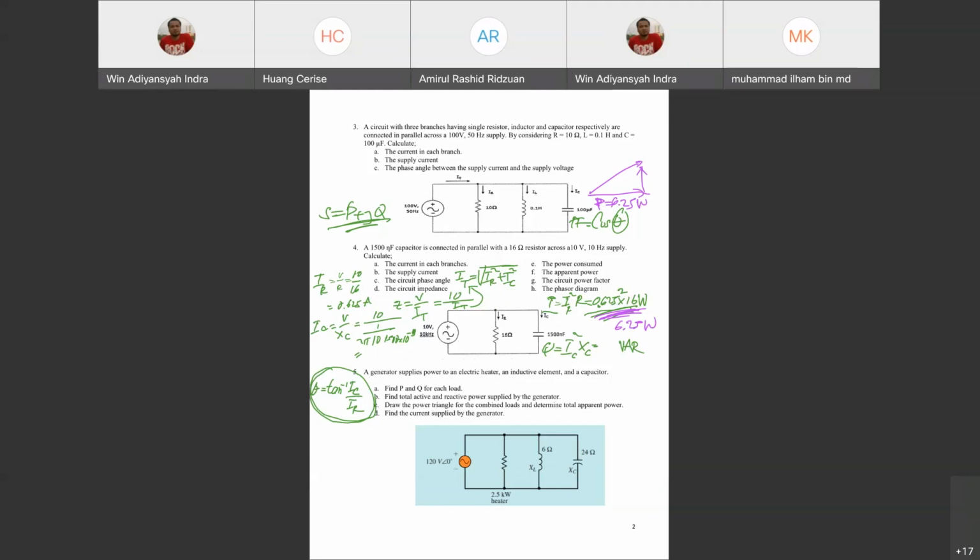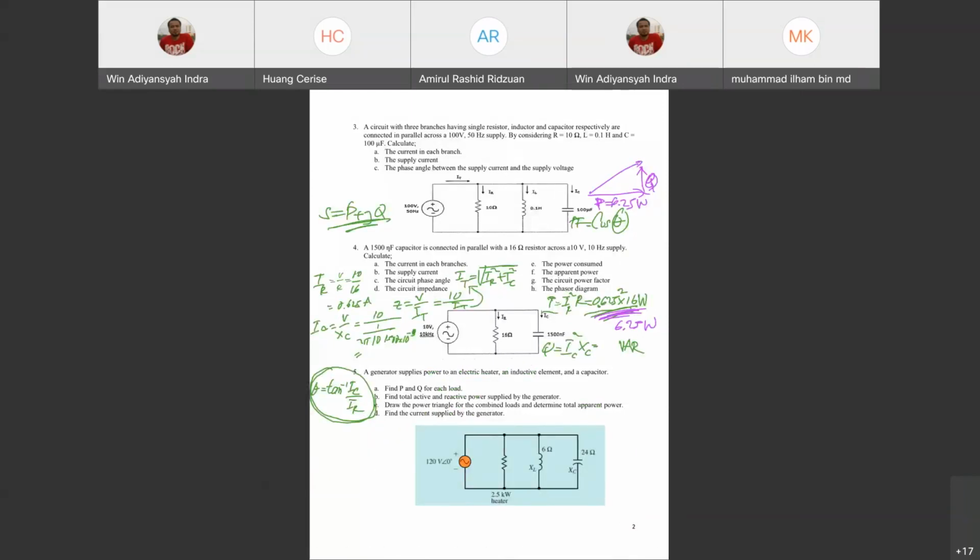And then the vertical one is Q, the reactive power QC. Put the value also, calculate the value.